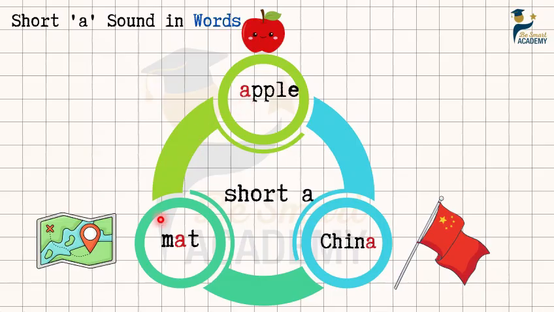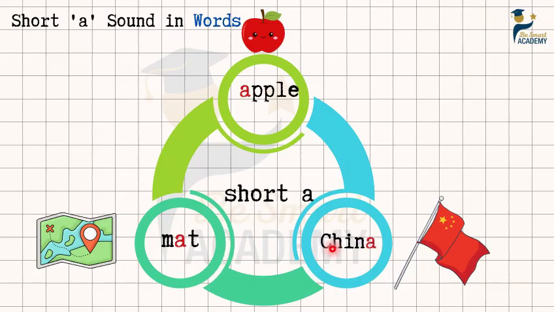Whereas in the word mat, it is located in the middle. So no problem if we witness the short sound of the letter A either at the beginning or in the middle. And there is also another location. You can find the short A sound at the very end of the word, just like the word China.